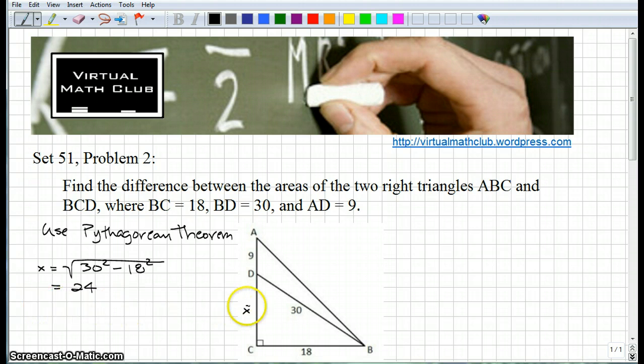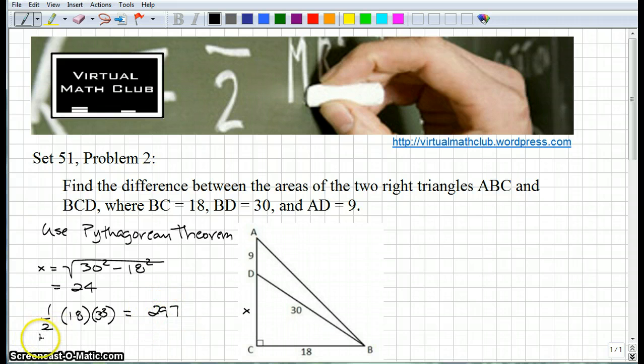Let's find the area of the big triangle first. So if we have 24 plus 9, that's 33. One half base times height, 33, will give us 297.